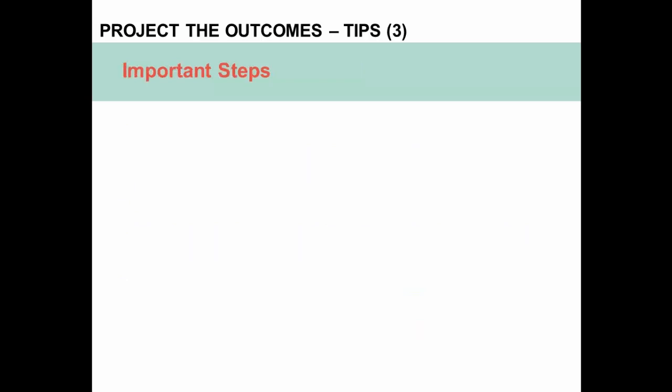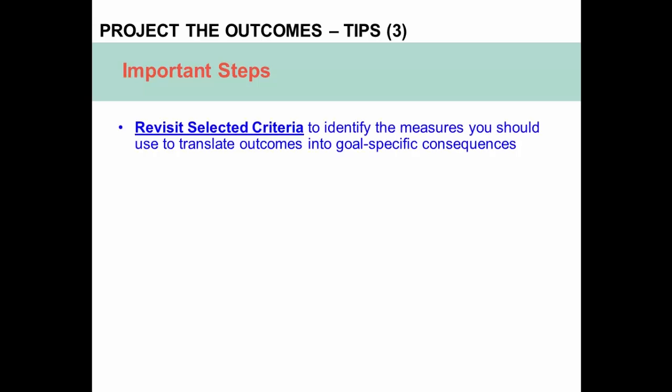Now we turn towards important steps that analysts often take at this stage of the Eightfold Path. First, they revisit selected criteria in order to identify measures, sometimes called metrics, that they'll use to translate outcomes into goal-specific consequences.